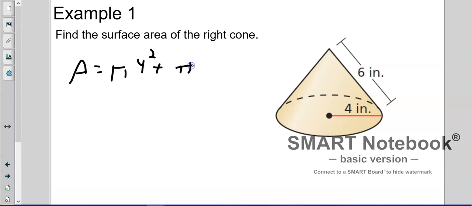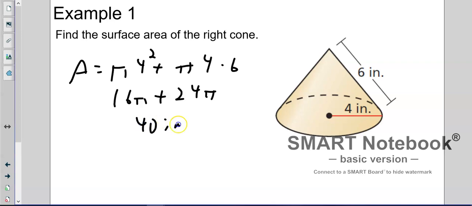So pi, and then 4, and then 6. So this ends up being 16 pi plus 24 pi, which is 40 pi, and that's an appropriate answer. 40 pi square inches. Or if we multiply it out, we get 125.7 square inches.